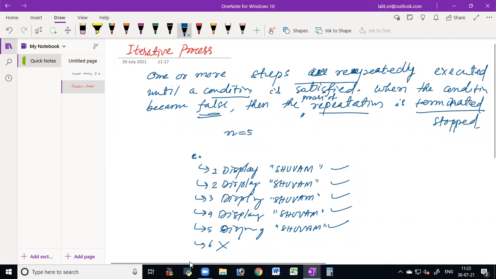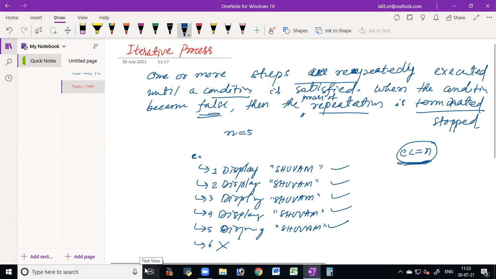And the value is 5, so it can count from 1 to 5 only. Mathematically, I can write C is always less than or equal to n. The C value will be increased by 1, but up to n. When the value of C exceeds the value of n, the process will be stopped because this condition becomes false.